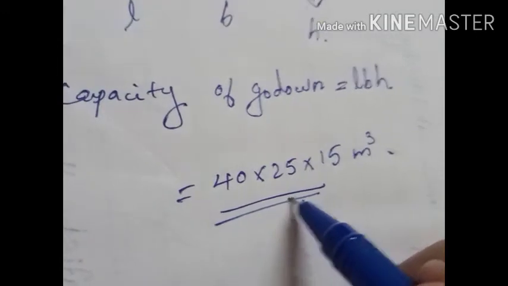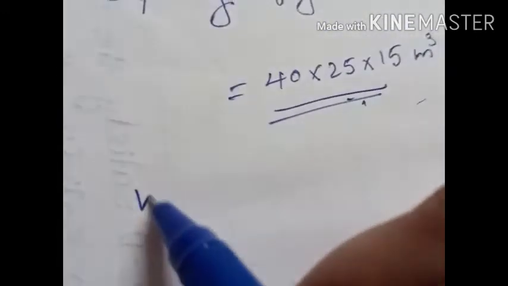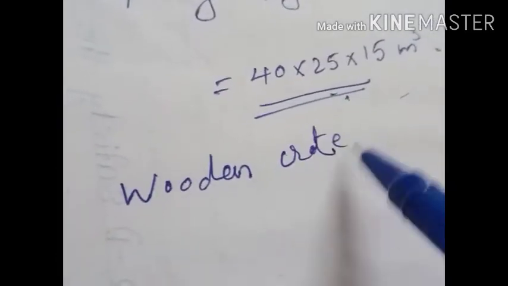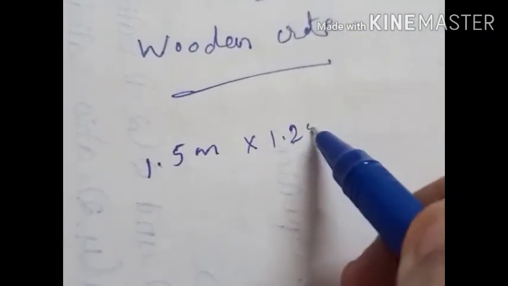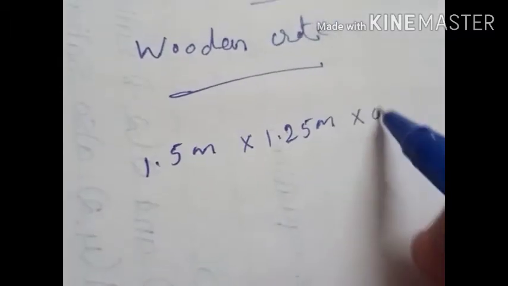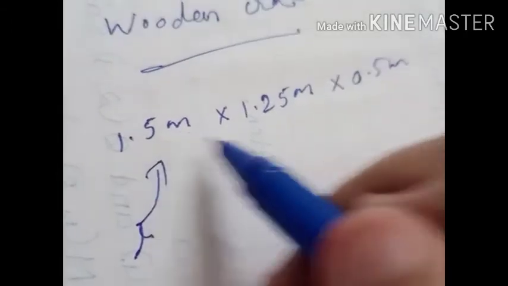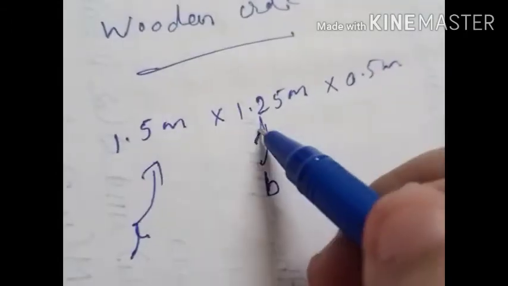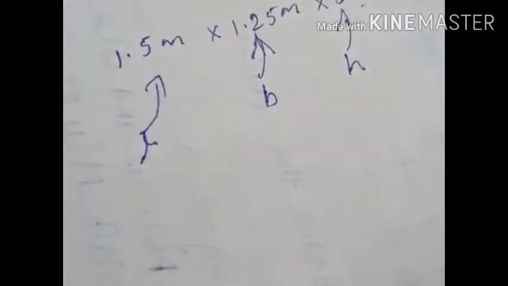Then in the question the dimensions of the wooden crate are given as 1.5 meter by 1.25 meter by 0.5 meter. So length is 1.5 meter, breadth is 1.25 and height is 0.5 meter.